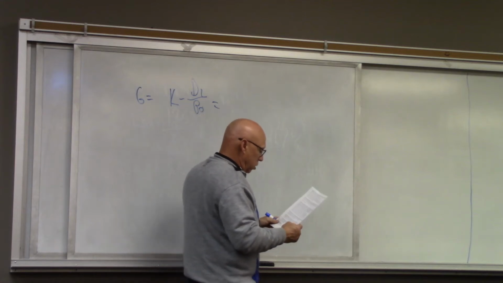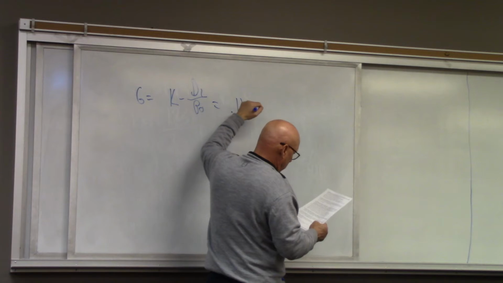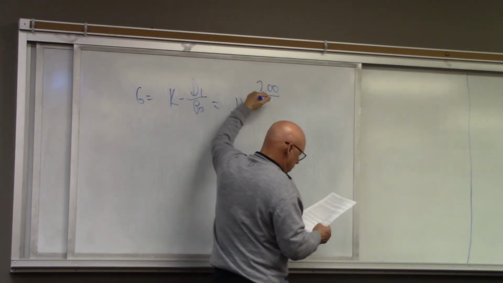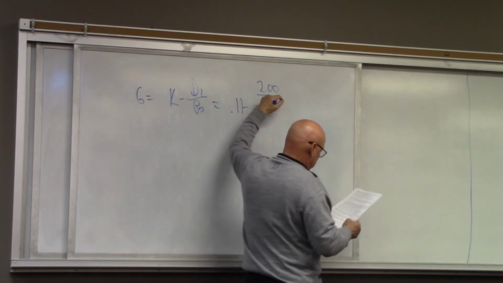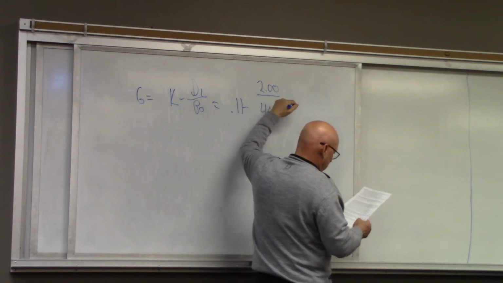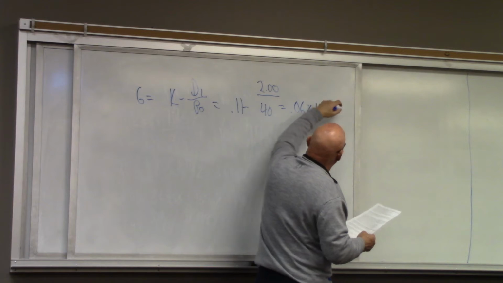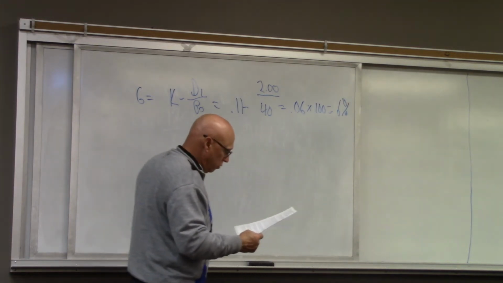So we have 0.11 minus $2 divided by $40 equals 0.06 times 100 equals 6%. That's the growth rate.